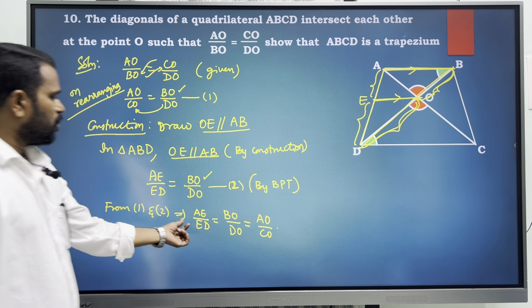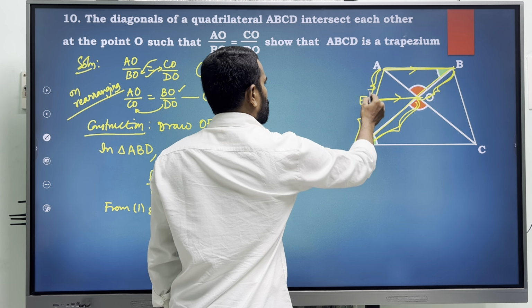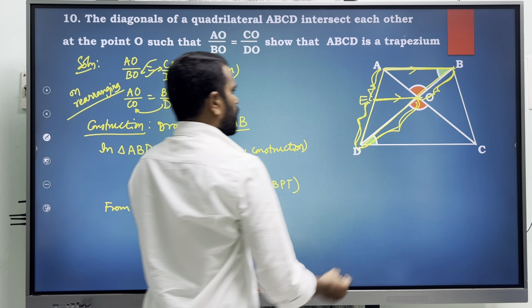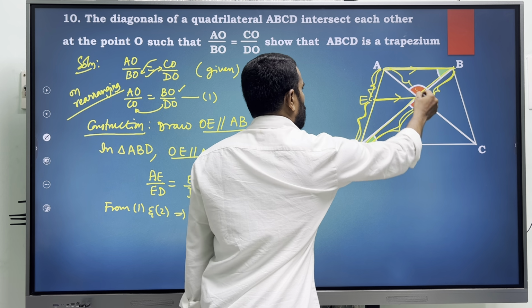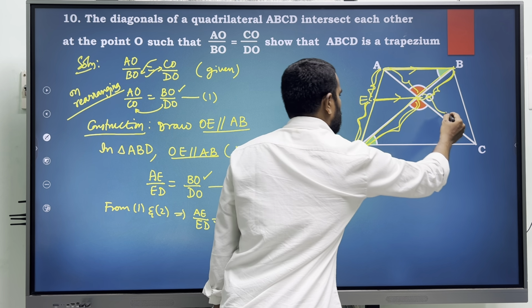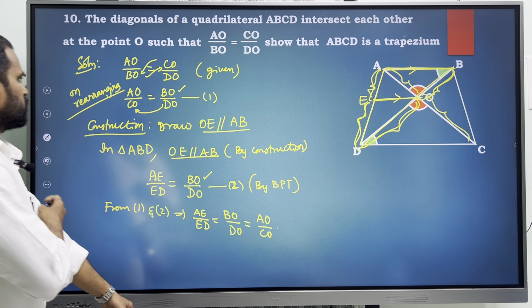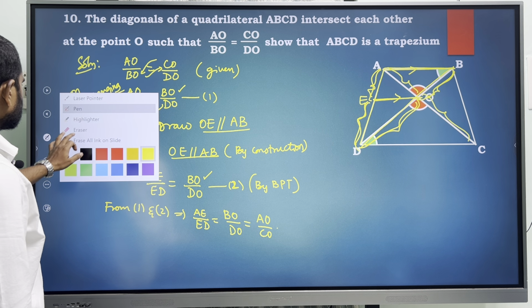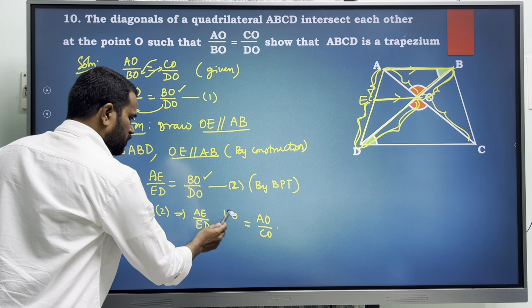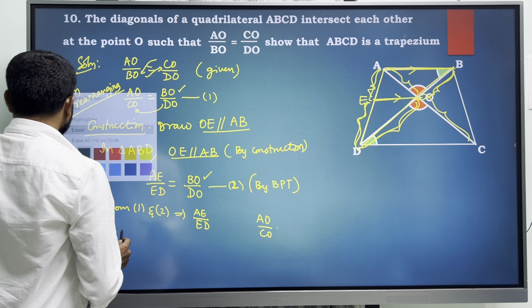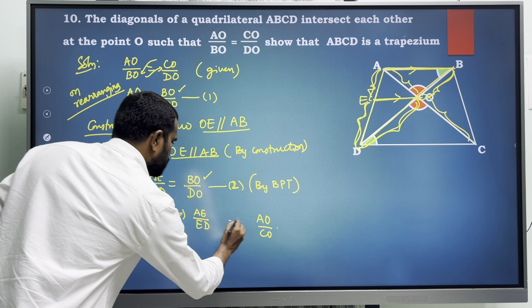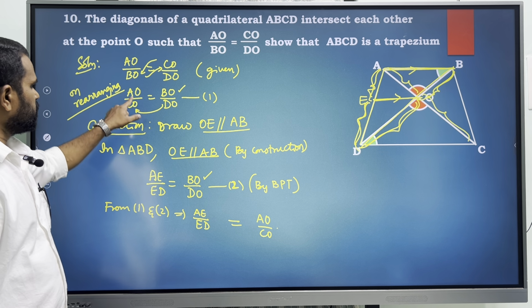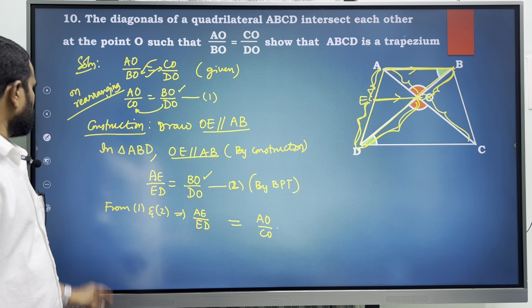So AE by ED and AO by CO are equal, because the RHS is the same, so the LHS should be equal.